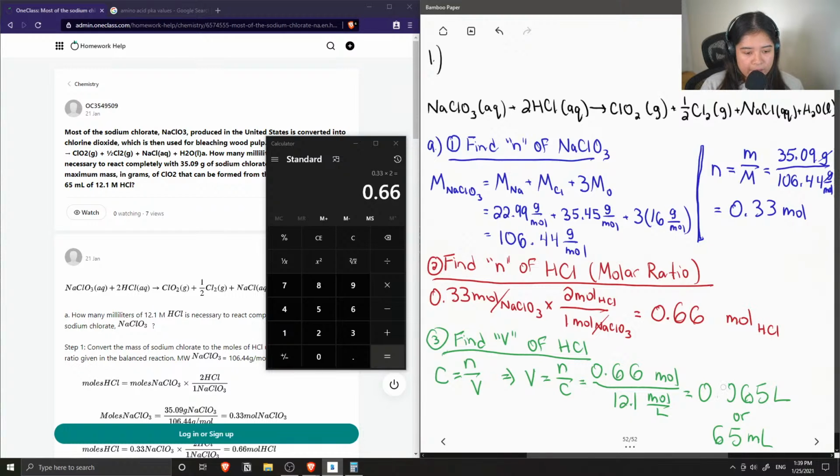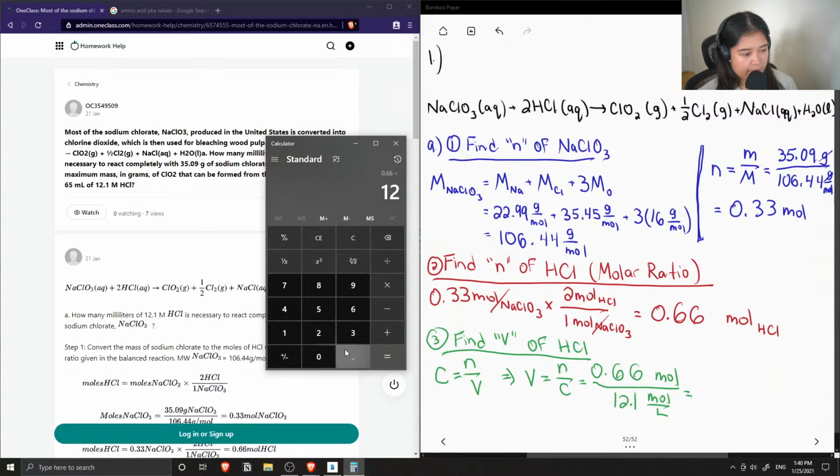And that's why it's always important to show all of your steps, because even if you mess up the calculations, if you show all of the different steps, you still get part marks for your answer.